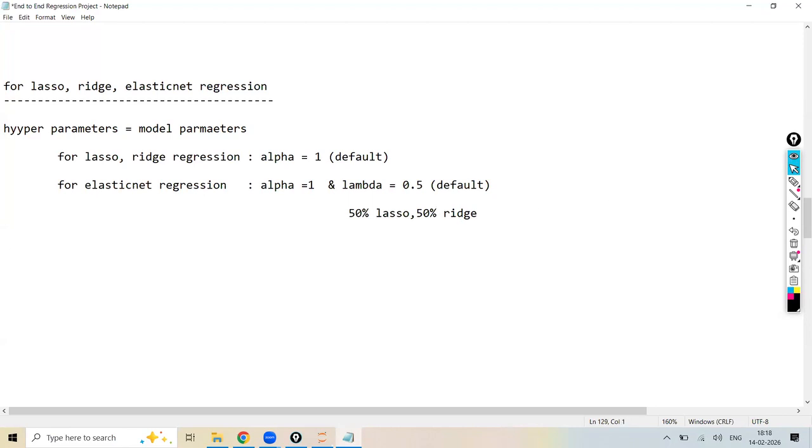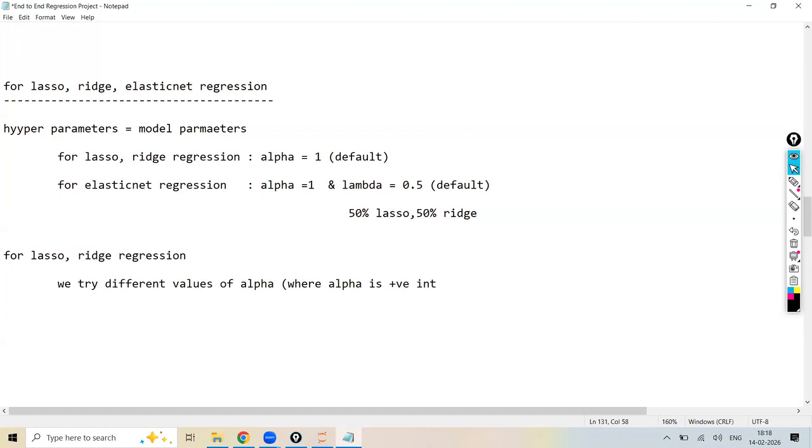So these are default parameters. What we are going to do is try different values. First let us discuss lasso and ridge; unnecessarily why include the elastic net. For lasso and ridge regression, we try different values of alpha, where alpha is a positive integer only.